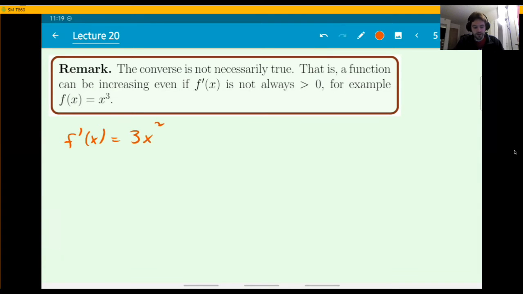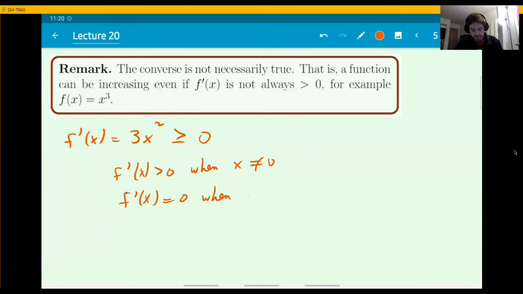F prime is 3x squared. It is always larger than or equal to 0. It is strictly larger when x is not 0, but it is equal to 0 at the number 0. If you plug in x equals 0 into the formula, you get f prime of 0 equals 0.